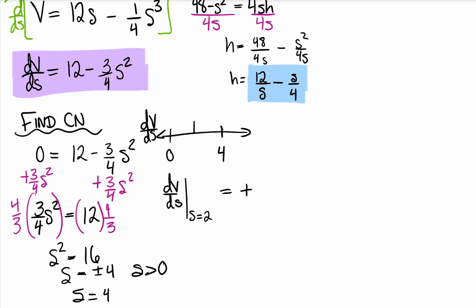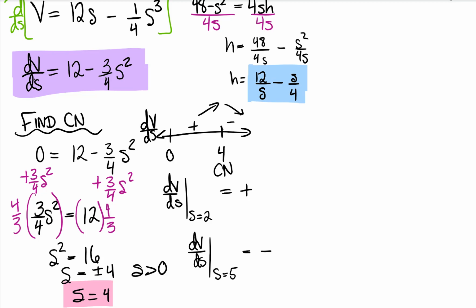If I evaluate the derivative at s equals 5, that will end up giving me a negative interval for the derivative, which means decreasing for the volume. All right, so it looks like we have maximum volume at the critical number of 4, a relative max.